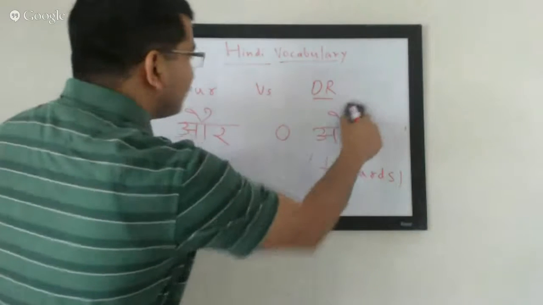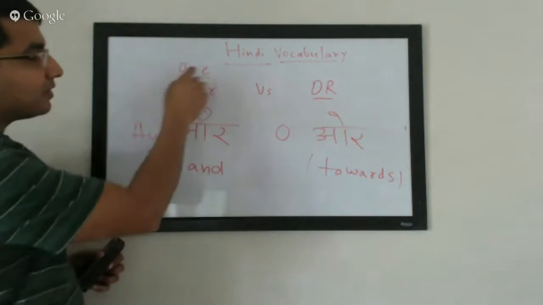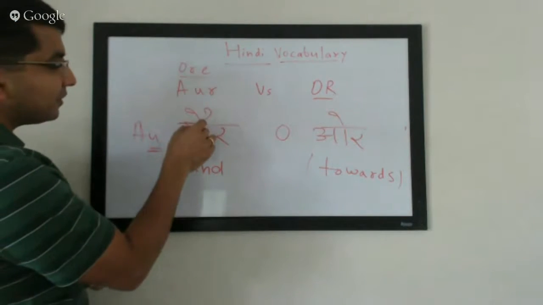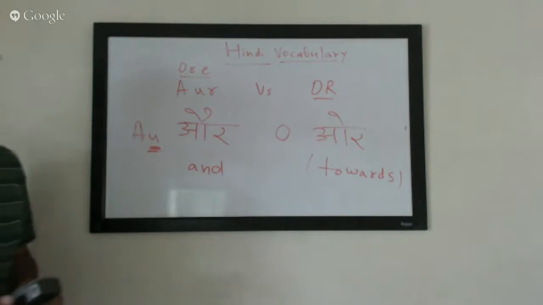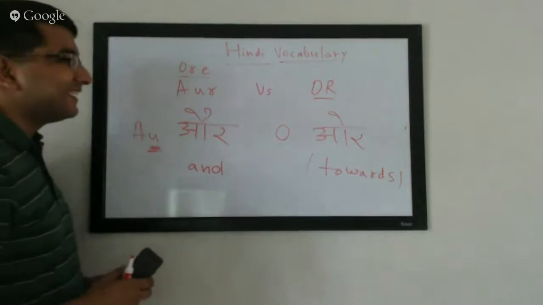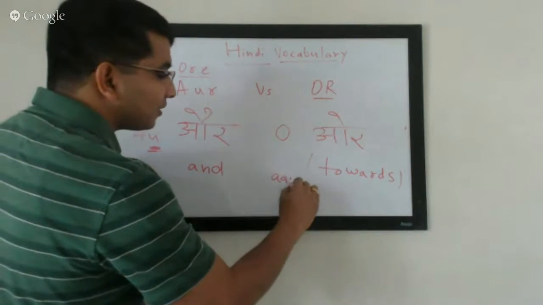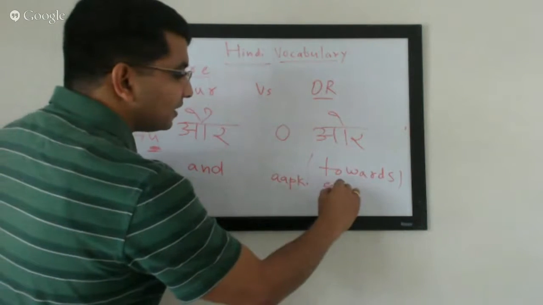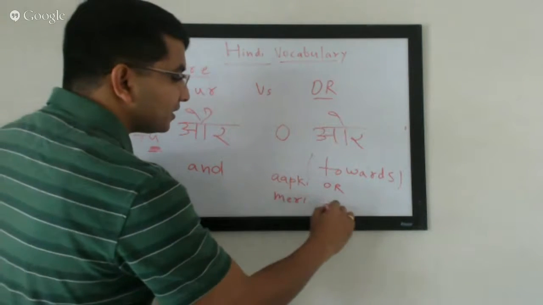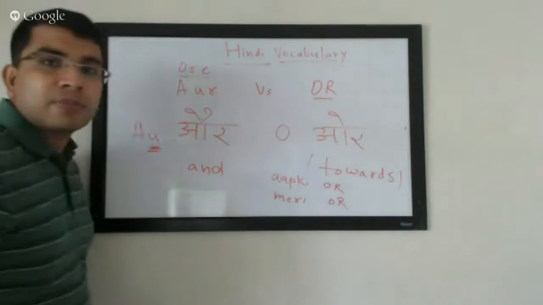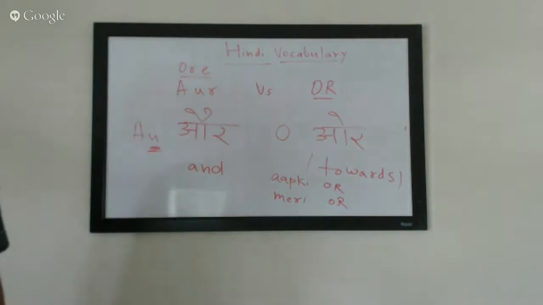I don't know how you would pronounce AUR versus OR, the mineral, right? In this particular case, you'll probably have this sound. So I hope this is clear. Whereas this one, the example would be आपकी ओर, towards you, मेरी ओर, towards me. Let me know if this is not clear.